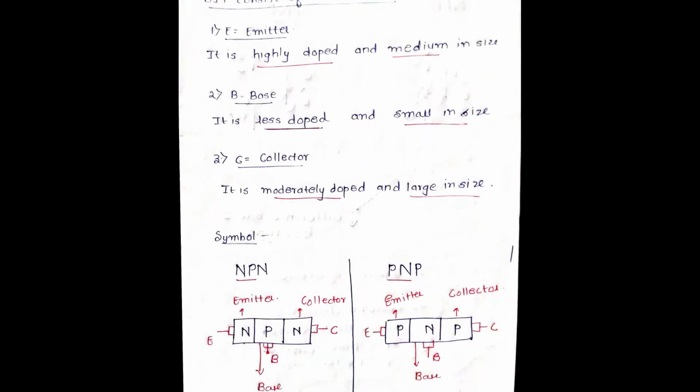If you see, there are three terminals. E is the emitter, B is the base, C is the collector. The emitter is highly doped and medium in size. The base is less doped and small in size, and the collector is moderately doped and large in size. This is something very important.